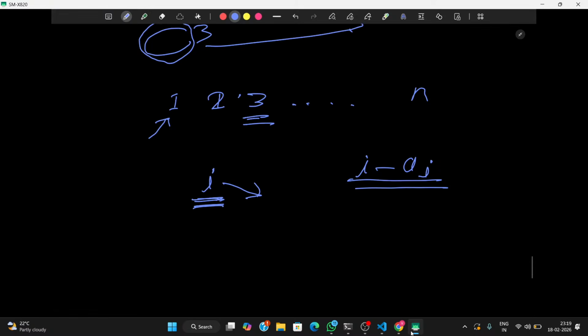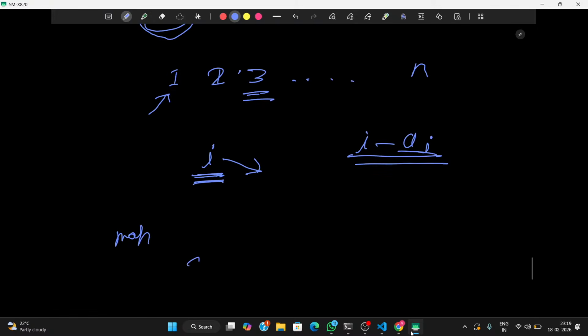Okay. Also, you can store all of the ai's in a map. So suppose you made a map and you stored some ai and aj and their number of occurrences, its count here, its count here, right?